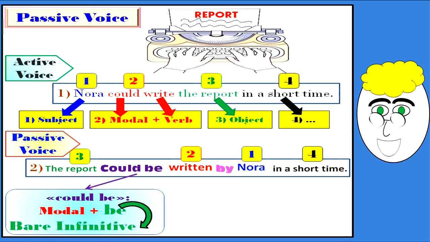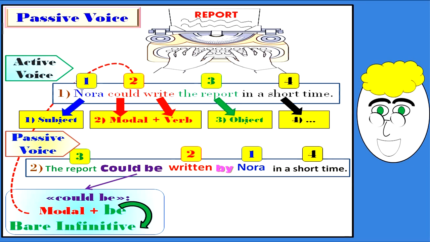It is simply because part number 2 in the active voice includes the modal plus the verb in bare infinitive. Could write. Could is the modal and write is the main verb in bare infinitive. So, according to the passive voice, we need to use the modal and to be in bare infinitive.